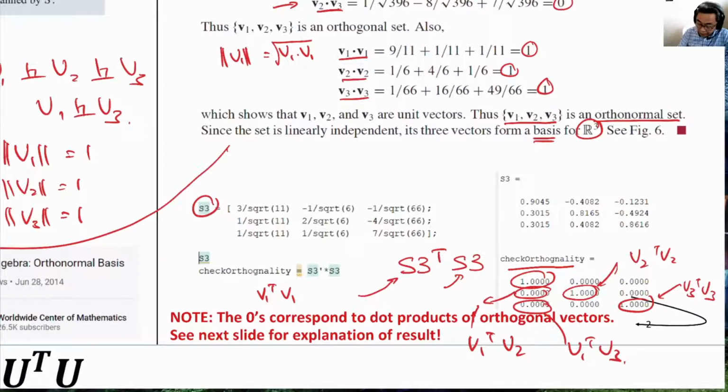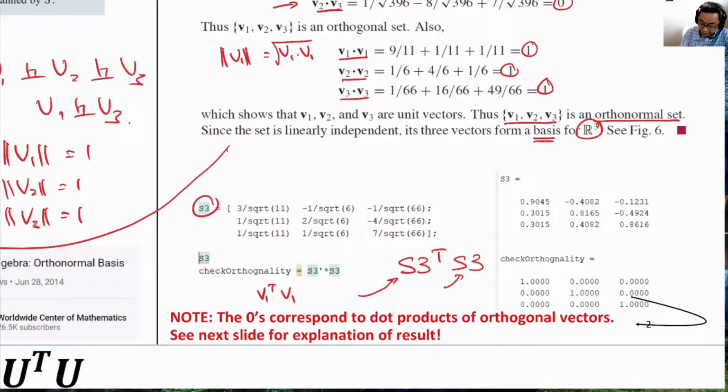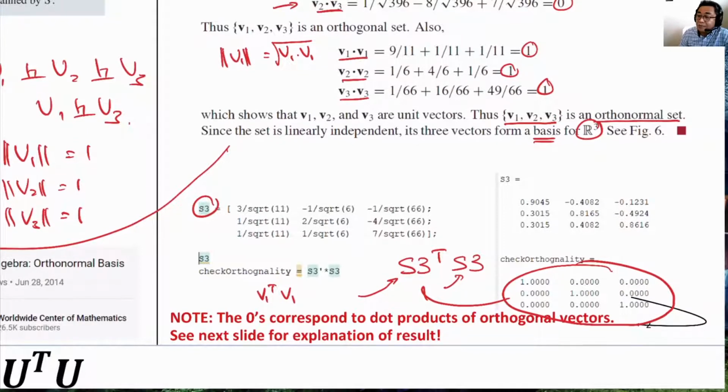So very quickly, by performing the matrix multiplication S3 transpose S3, when we get an identity matrix, this shows that these three vectors are orthonormal to each other. They are both orthogonal, and their length is 1.